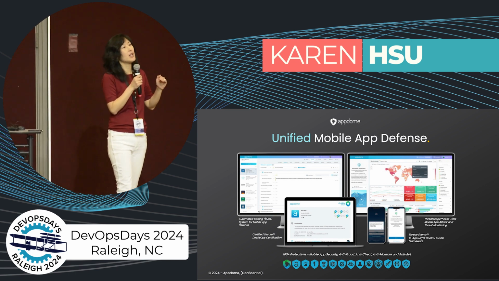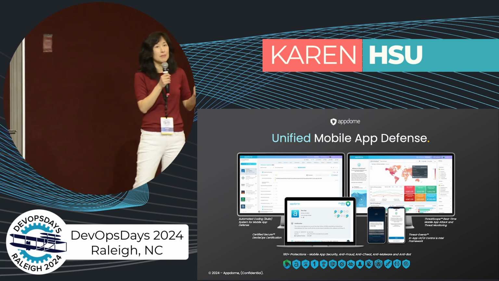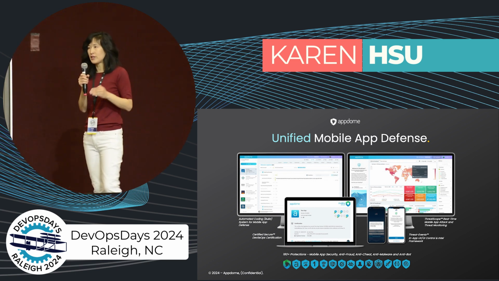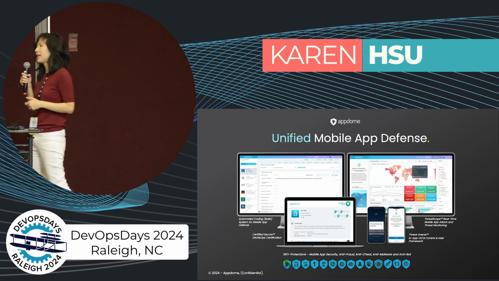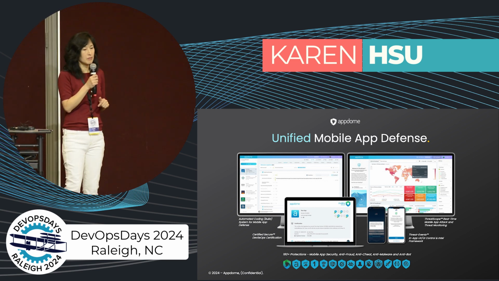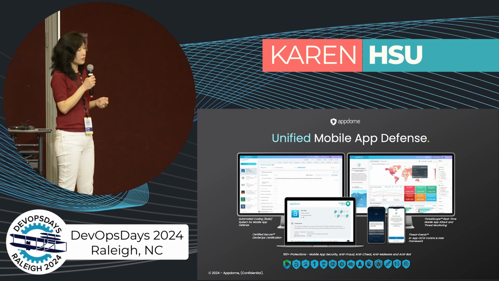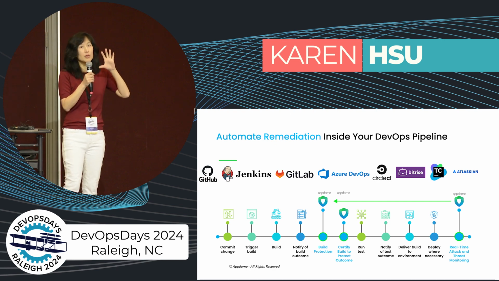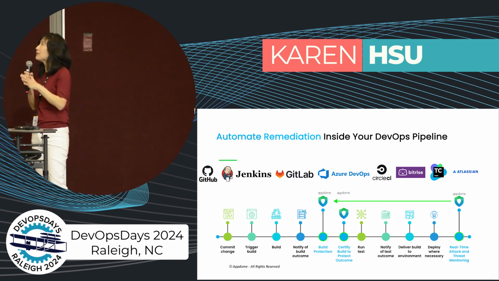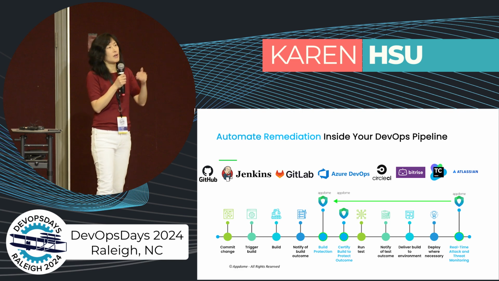And you also get back critical information about what's happening in each of these security events. So you can use that in managing the experience for the end user and making that end user experience as wonderful as possible. And so the way you're able to do this is by automating remediation within your DevOps pipeline.